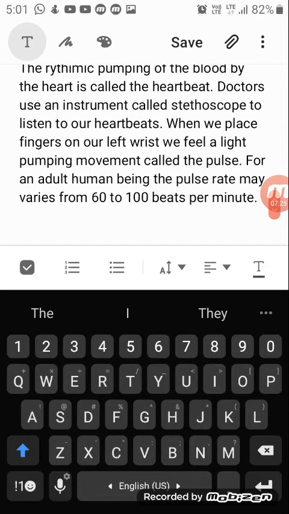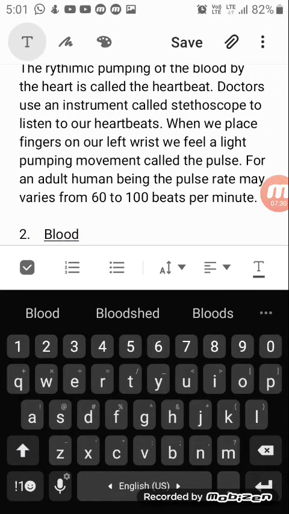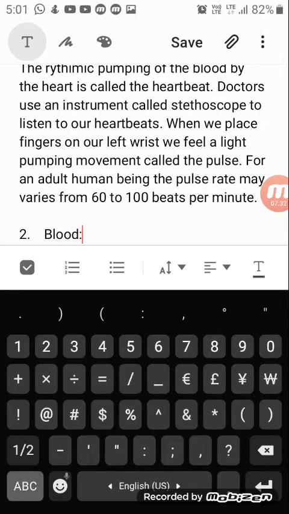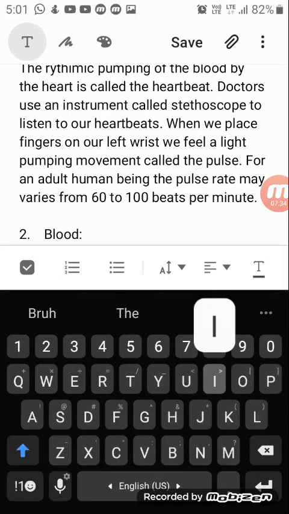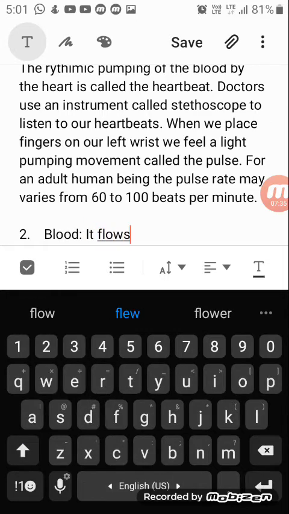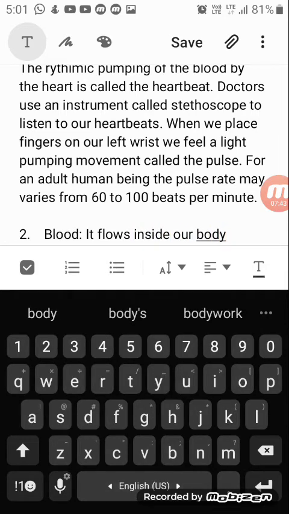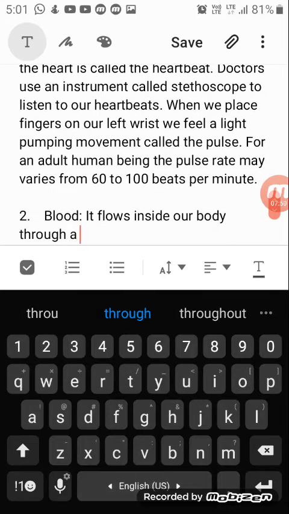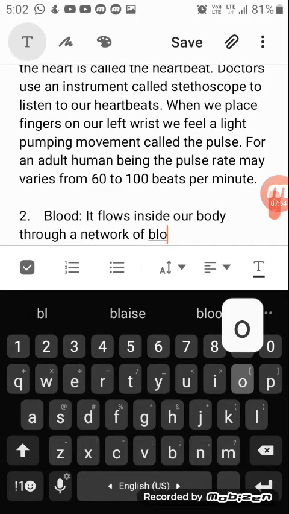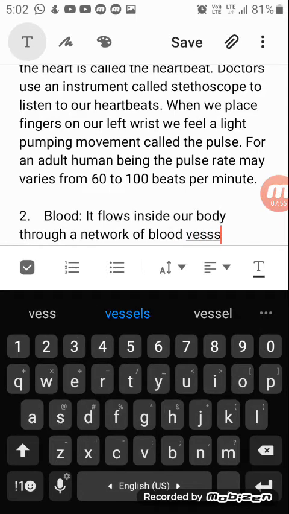Then we will learn about blood. It flows inside our body through a network of blood vessels.